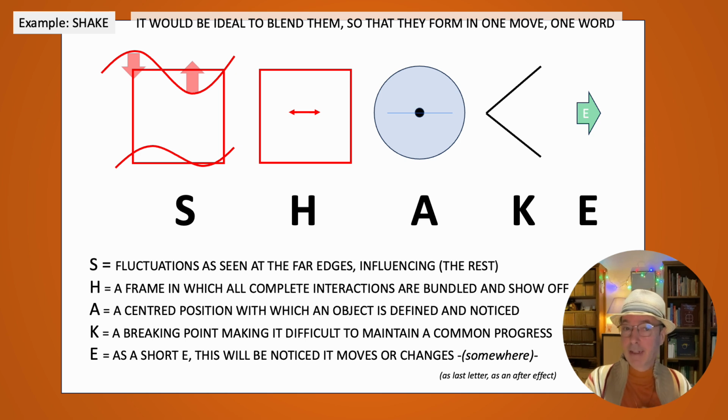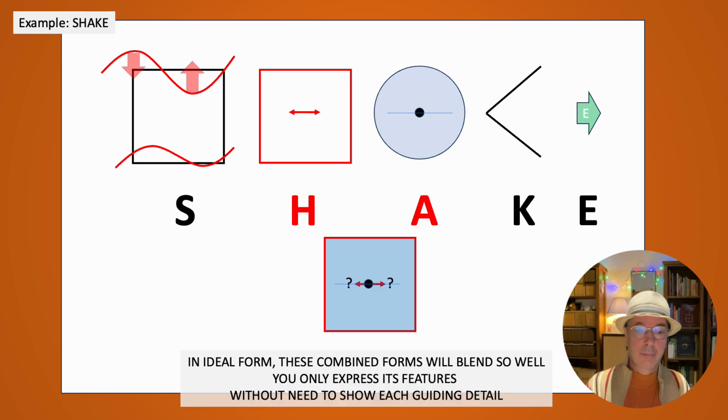So blending them so much that they form just one form and one word, that's the ideal thing. It will not be easy, but we will try to give you some ideas how. For instance, let's try to combine H and A. H is the frame. A is actually also trying to find a ground to work with.